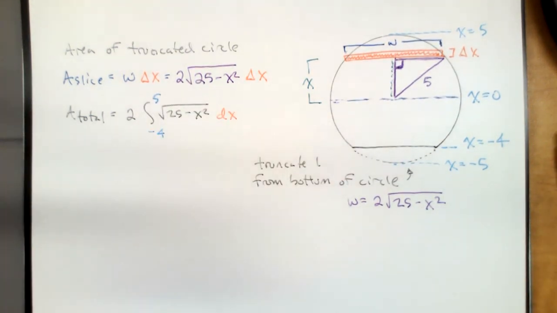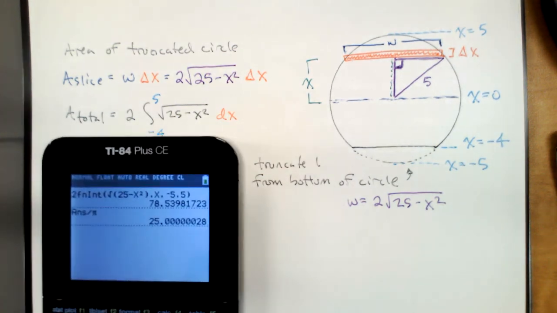And that will leave 1 unit truncated from the bottom of the circle. So I can actually just reuse the same integral and change the -5 to -4. And we get 74.452.